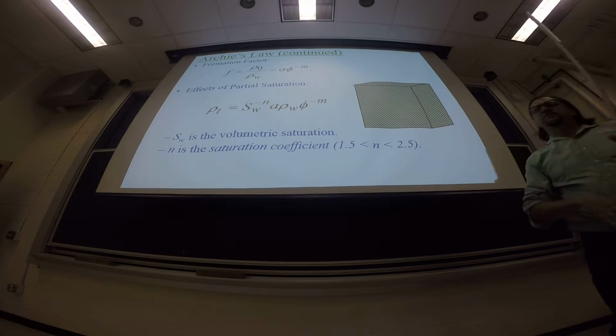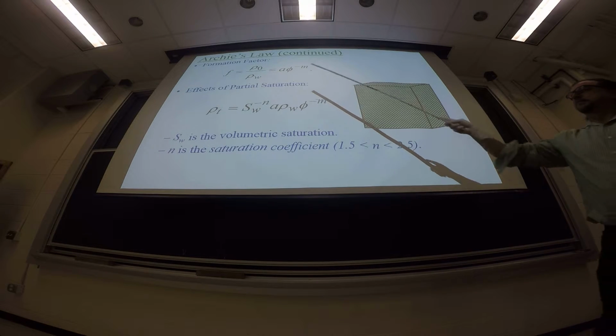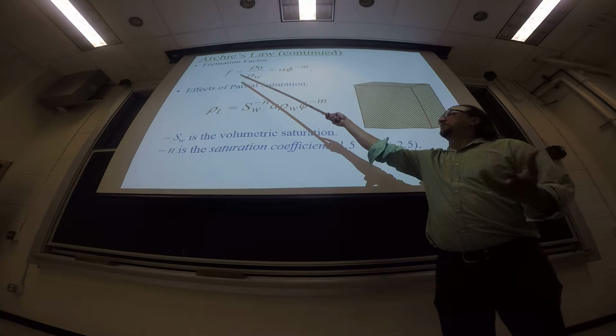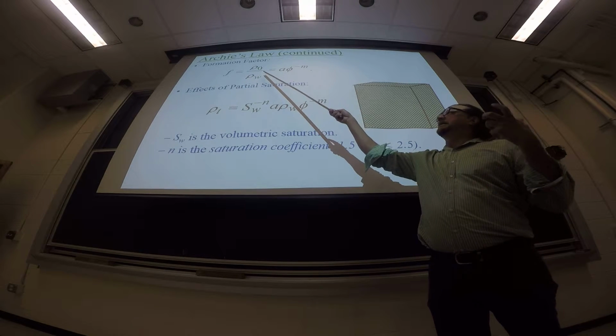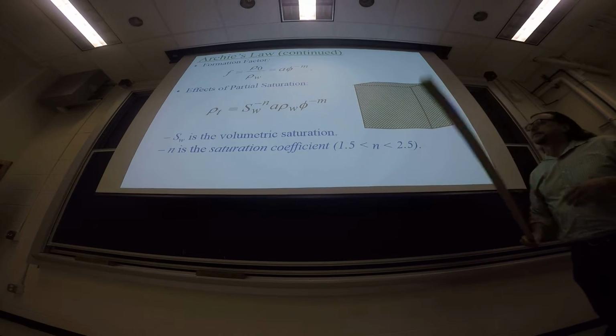Especially in the well logging literature, a lot of things will be developed in terms of the rock formation factors rather than the rock resistivities, because this allows the description of the resistivity in a way that's independent of the fluid resistivity filling the pore space.